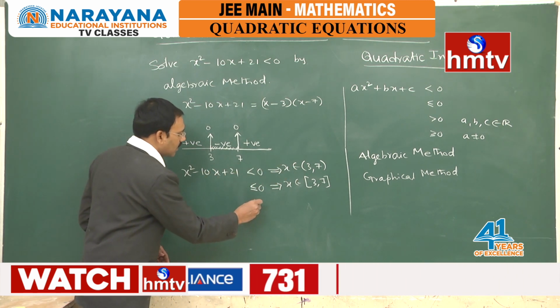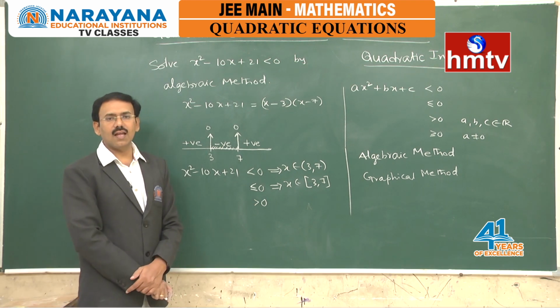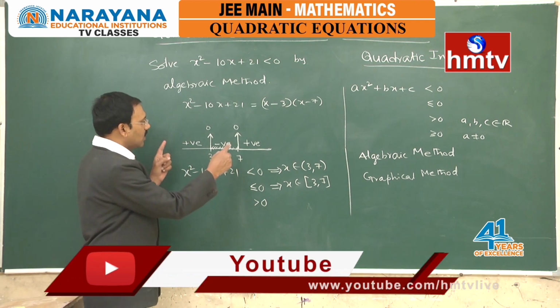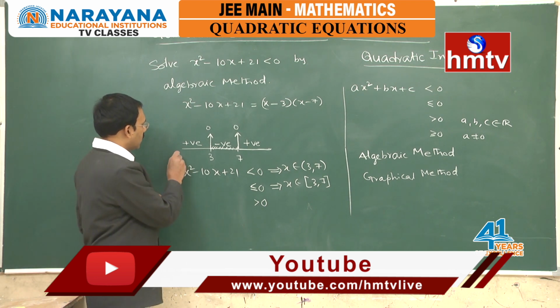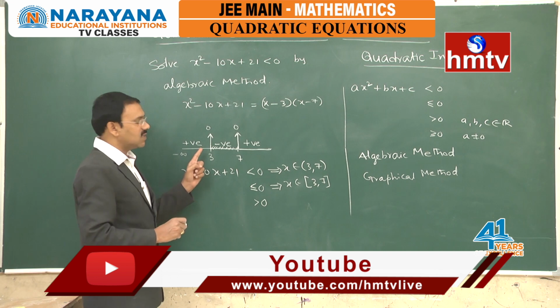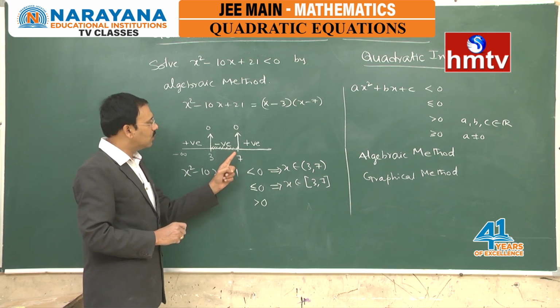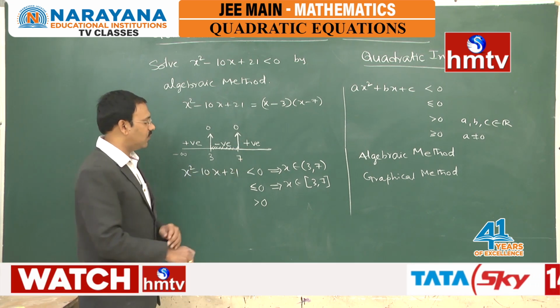Suppose you are given the same expression greater than 0. That means I want this expression to be positive. It is positive for the values of x from minus infinity to open 3 union open 7 to infinity.